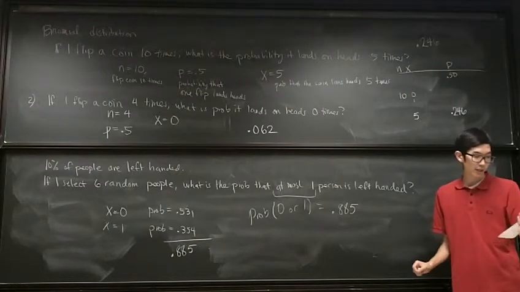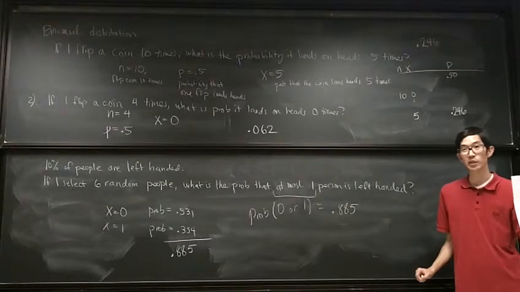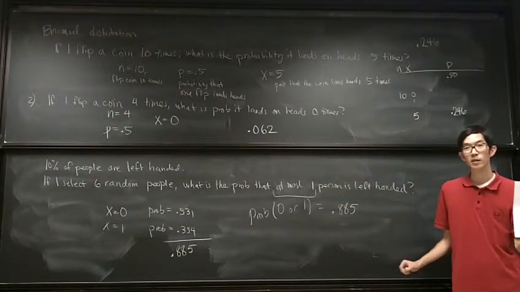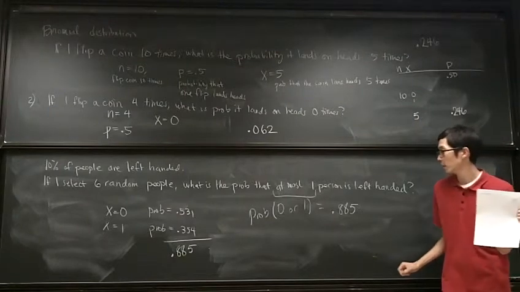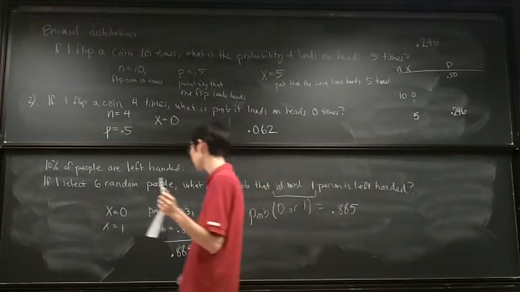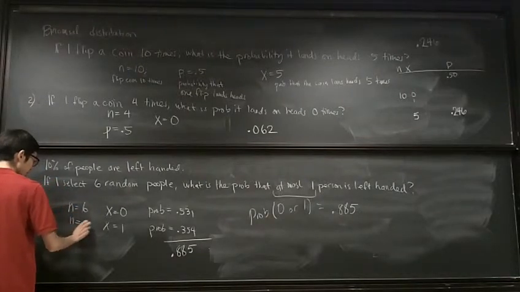I looked up n equals 6, x equals 0, and p equals 0.1. One more time: n is 6, x is 0, and p is 0.1.